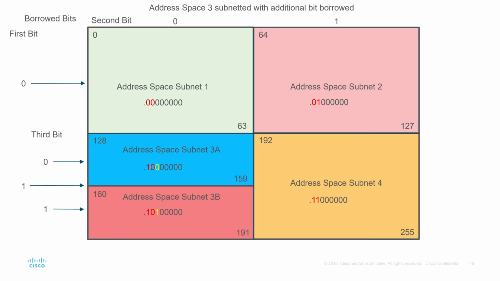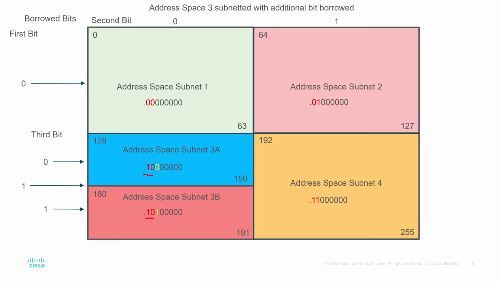For one of the groups, I could borrow the third digit. I am not changing subnet 1, subnet 2, or subnet 4. Those are still 00, 01, and 11. I am only borrowing a third bit for subnet 3, creating 3A and 3B. Notice the 1 0 is the same in both.